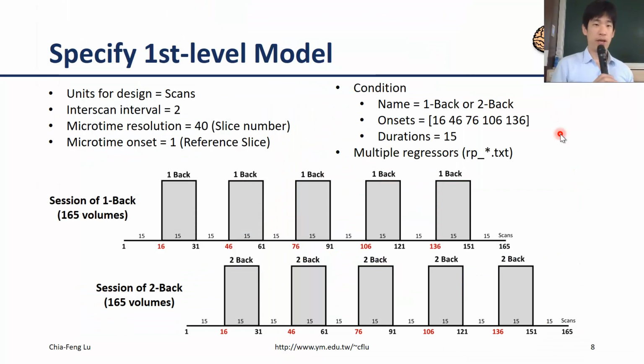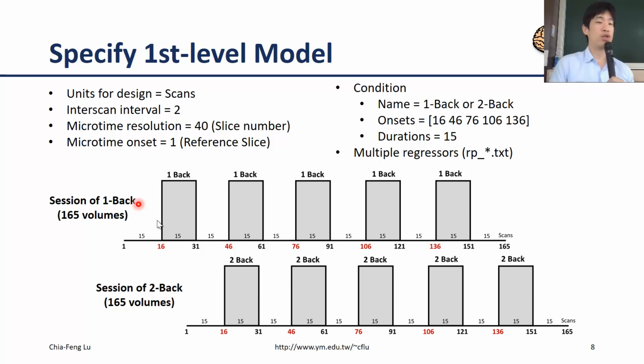Okay, let's come back to here. So now as you can see, when we acquired the fMRI data, we actually delivered 2 different sessions, one for one back. As you may recall, we instructed our participant through the voice. We just told him that we are going to start the one back session. So please, if you see the number showing on the screen is identical to the previous one, then please click the button.